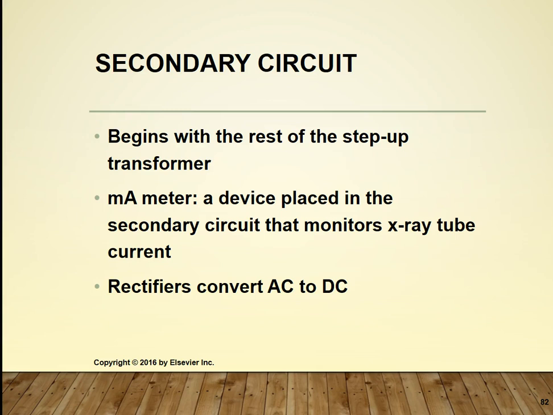In general, AC, alternating current, is necessary to operate correctly. However, to allow the tube to be exposed to alternating current would just be disastrous. So it needs direct current, and the circuit gets alternating current and has to convert it to DC.